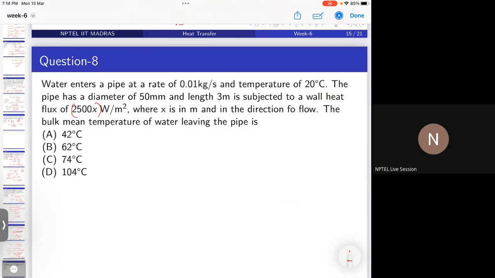So you will try, or I should start solving this.